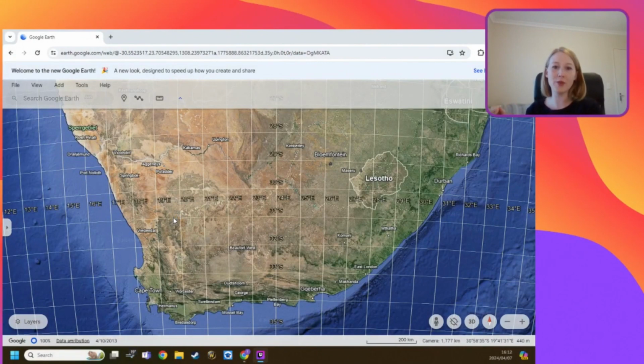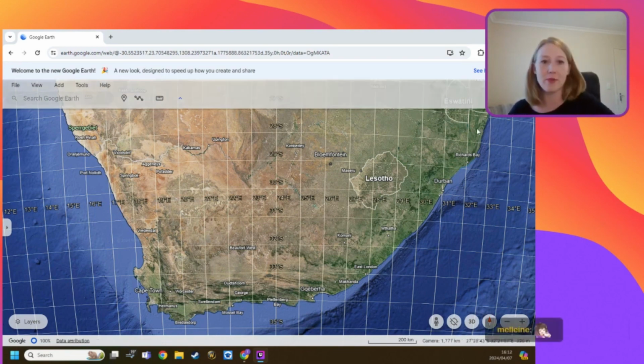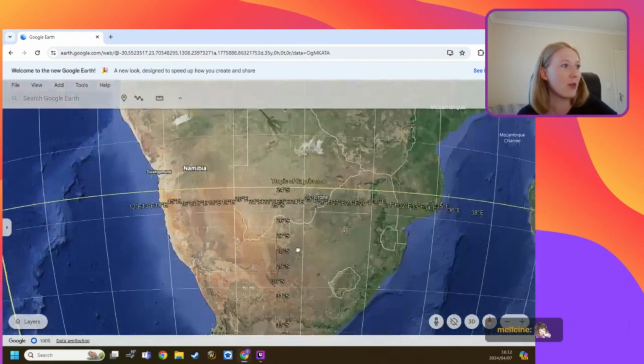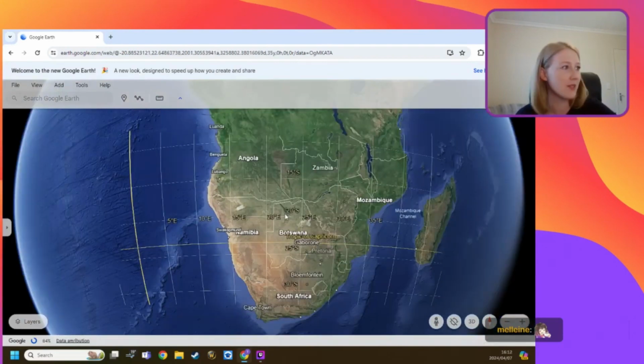So I figured I'd start with Google Earth so you can see exactly what I'm talking about from the get-go. Great. So just as a little recap of what we did last time, we have our four main hemispheres.